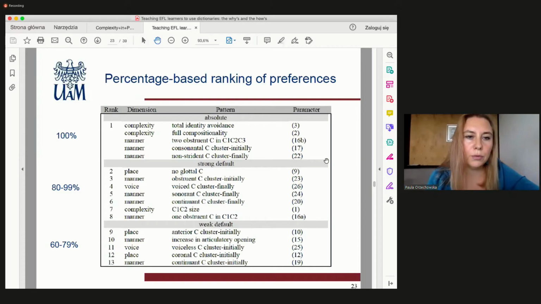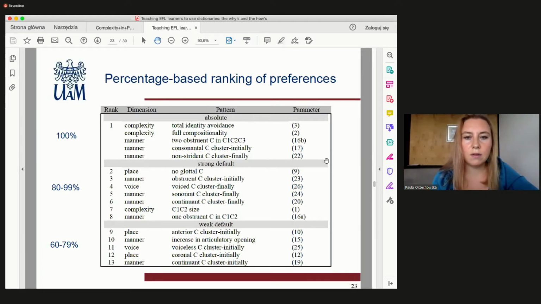So for example, we can see that absolute requirements for clusters are given in the first part of the table, labeled 100%. So in all the clusters, all classes can be decomposed, have total identity avoidance, they don't have strident consonant finally, they have a consonant cluster initially, etc.